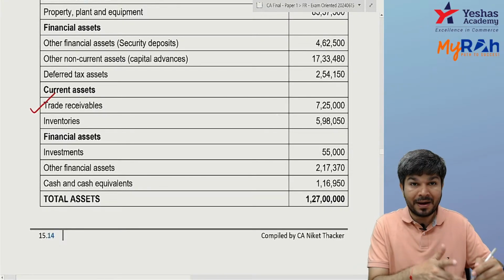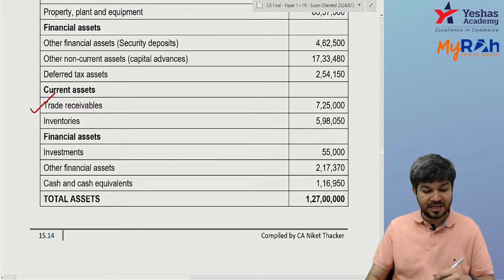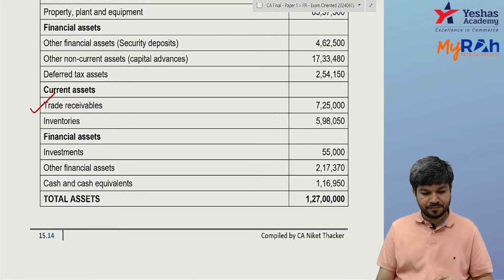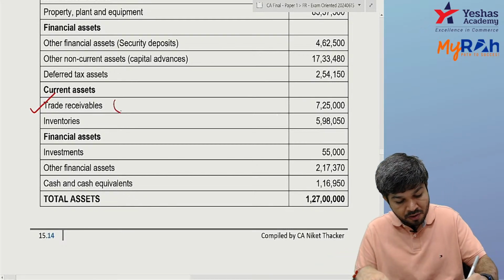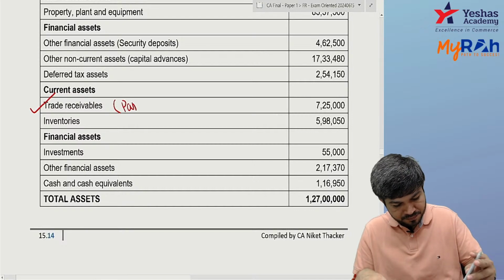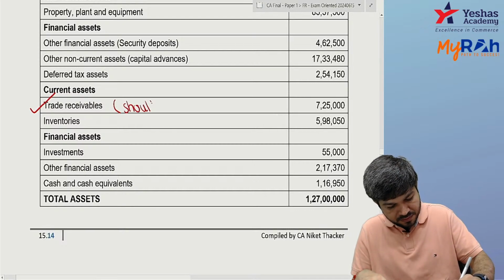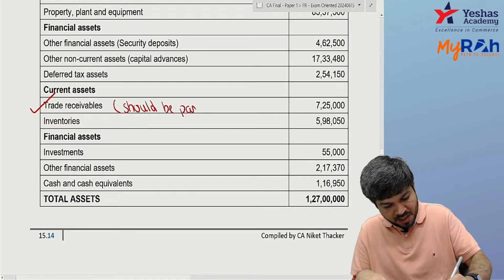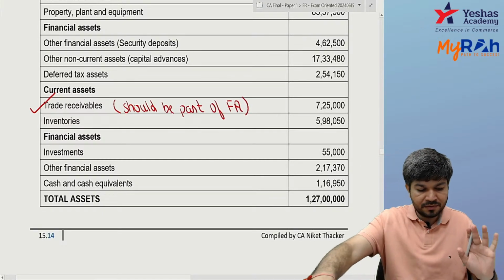Trade receivable should be a part of financial asset. Then inventory, investments, other financial asset, cash and cash equivalent. So till now only one mistake.